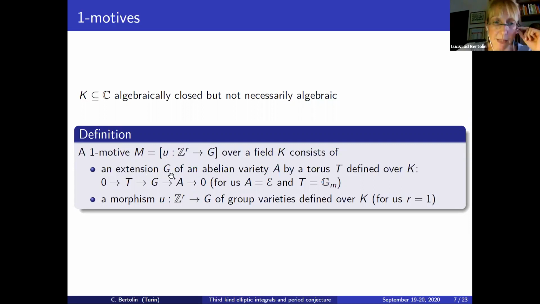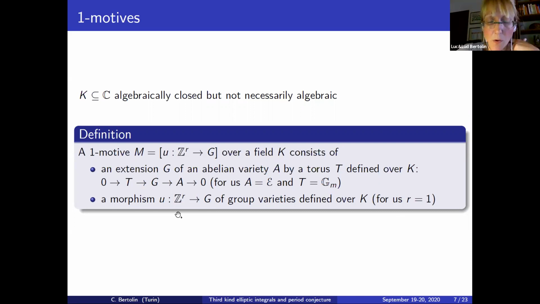So G is an extension of an abelian variety by a torus in general, but for us, the abelian variety is just the elliptic curve, and the torus is just G_m. And we then take a group morphism from Z^r to G. In order to make things easier, we will take r equal to 1.